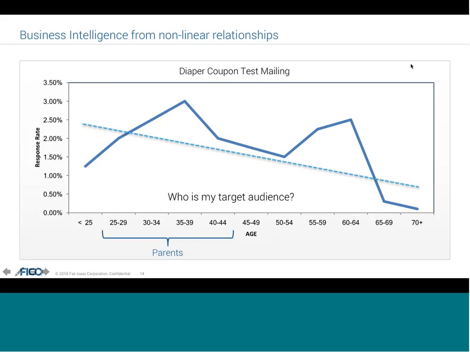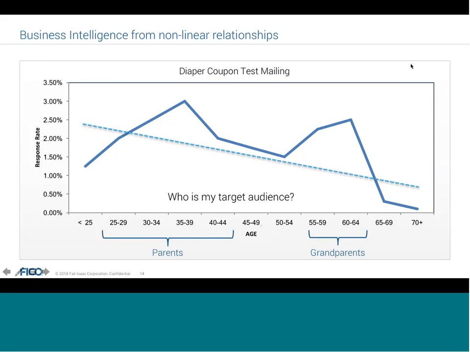You've got the parents, where we see a peak somewhere between 35 and 39. But don't forget, you've got the grandparents also up here, somewhere nested between 55 and 64. Passing back a model to the business partners that captures the betas that actually fit this nonlinear relationship gives them this business intelligence.